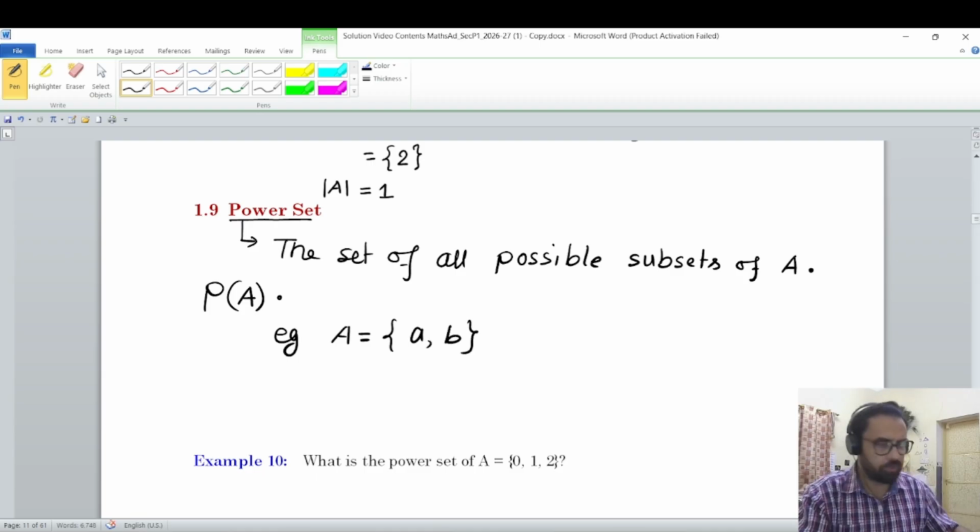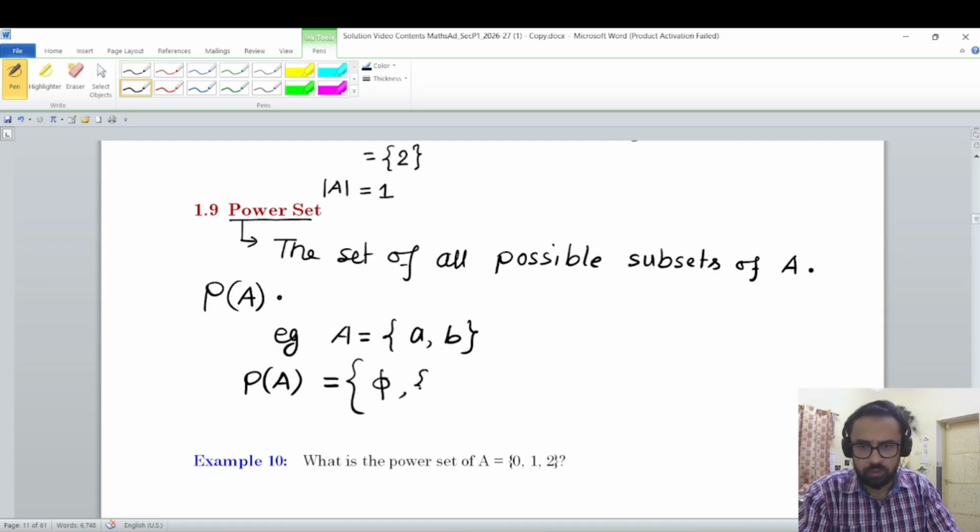There are two elements inside the set, and if I want to write the power set of A, then what are the possible subsets of A? All the possible subsets of A is the power set of A. Now, as I said before, phi is always a subset of any set. So phi will be a subset of A. So phi will come in the power set, because the power set is the set of all possible subsets.